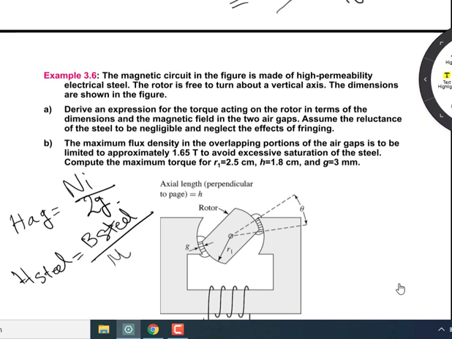So the co-energy density, what is the formula for that co-energy density, the co-energy density formula is, right.